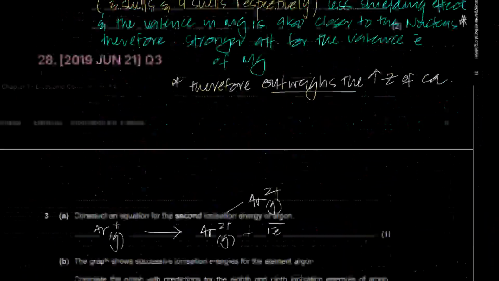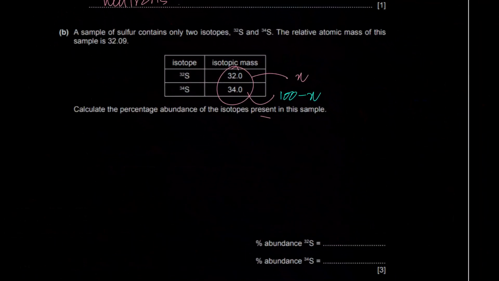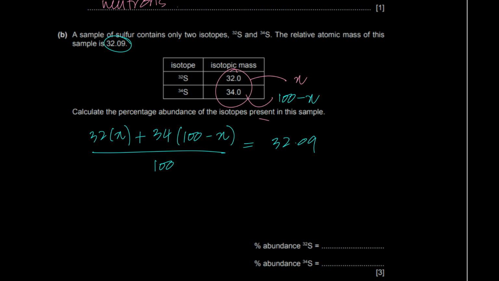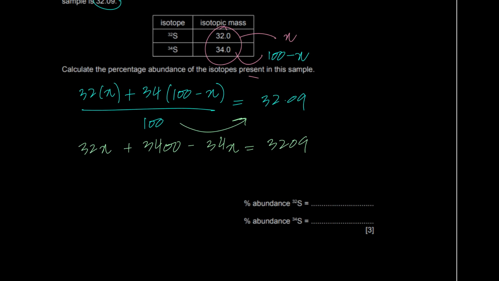Pretty straightforward mathematics. So it's going to be 32 times X plus 34 times (100 minus X), divided by the total percentage abundance, which is 100, equals the relative atomic mass. What's the relative atomic mass? He must have given it to us, 32.09. It's going to be 32x plus 3400 minus 34x equals, I'll just multiply on the right, 3209, and then minus 2x.